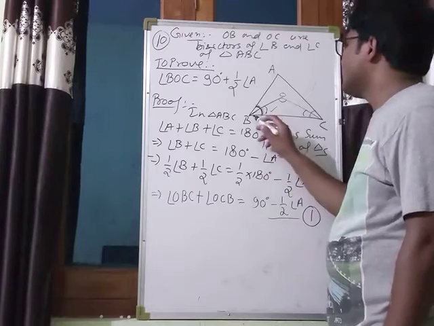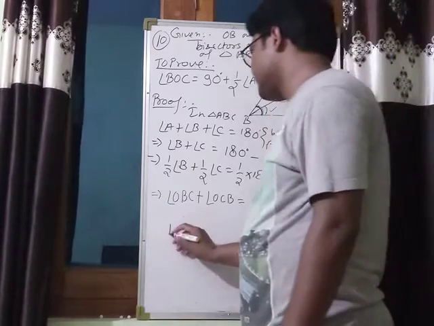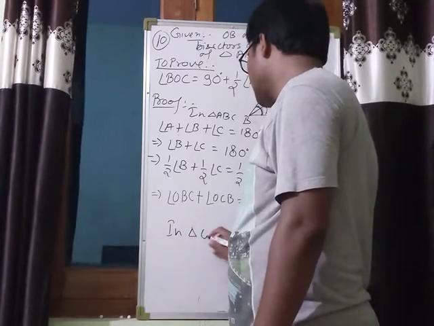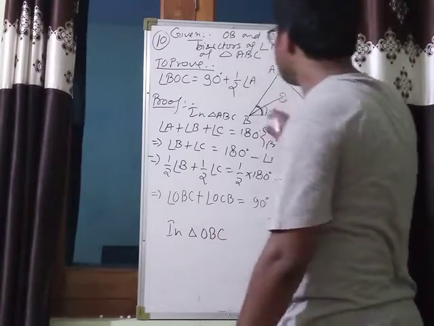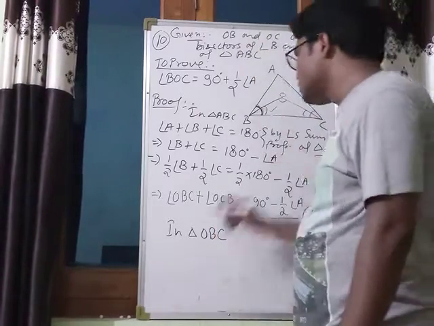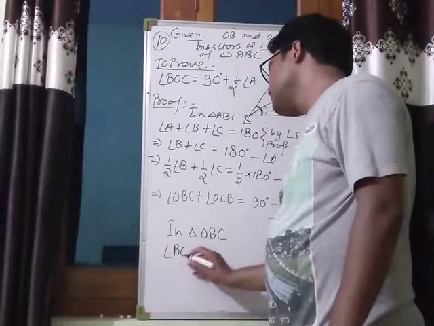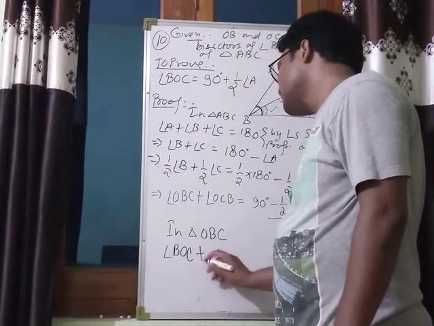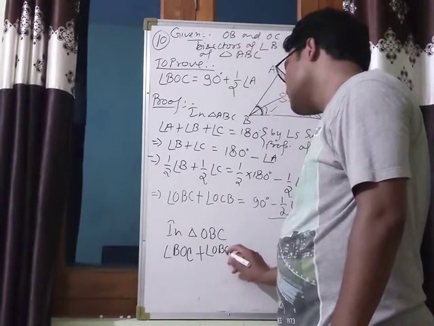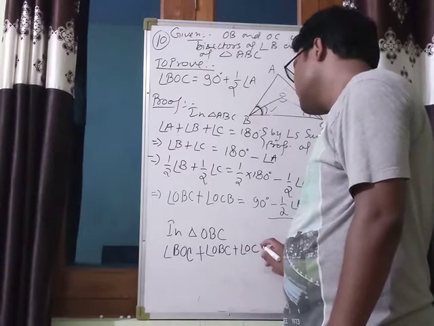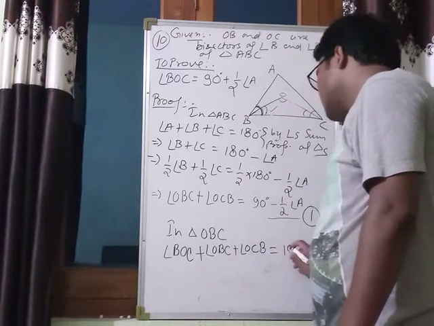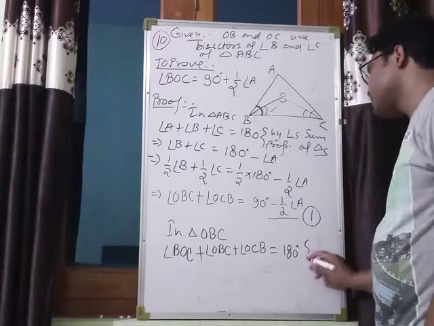Now in triangle OBC, what is the sum of all angles? Angle BOC plus angle OBC plus angle OCB, that is equal to 180 degree.